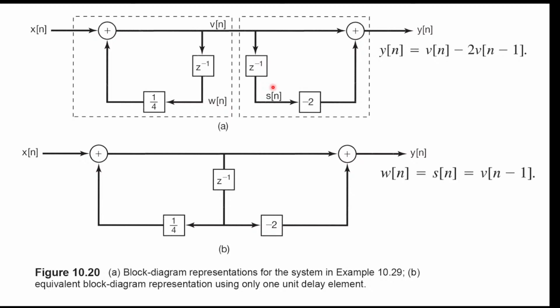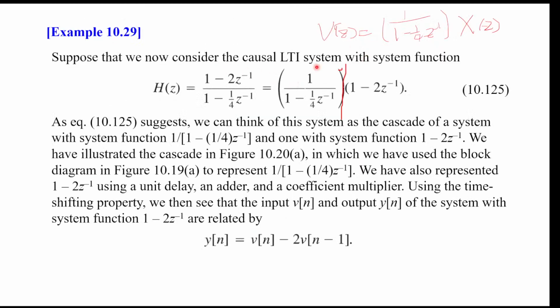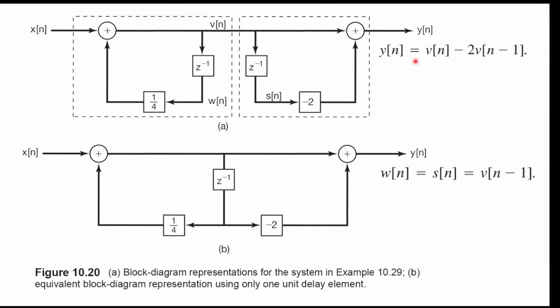From here you see that this cascade form should work out, and your output big Y should be big X multiplied by this factor, then this factor. That's the construction here.